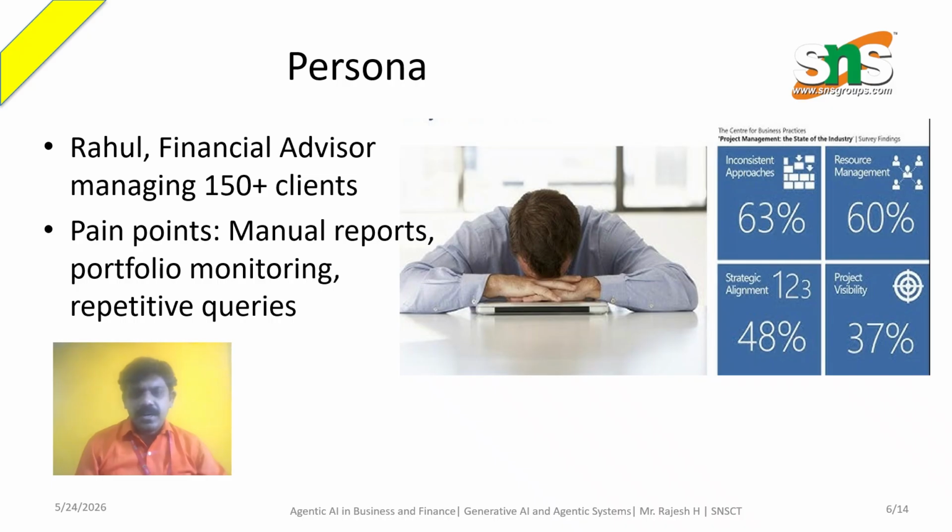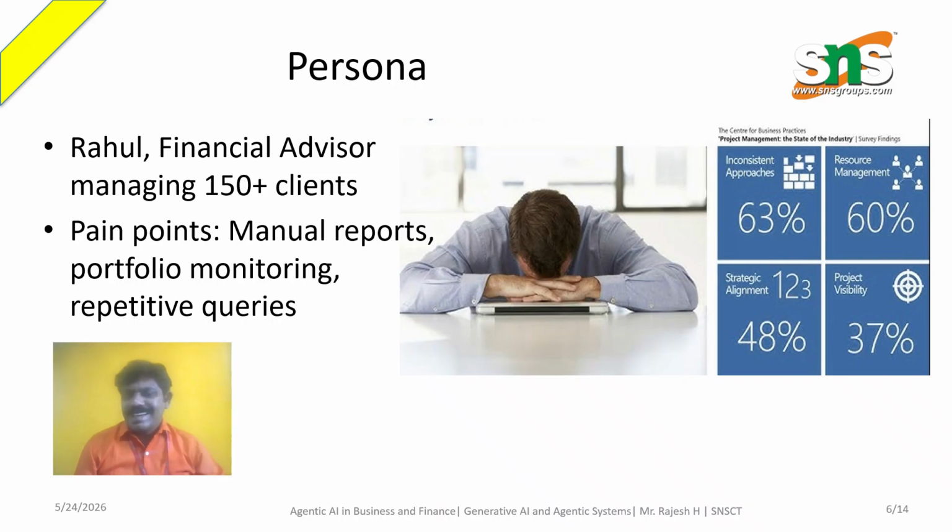Then let's take the persona of a particular employee, Rahul. He's a financial advisor managing 150 clients, and he is facing trouble. The pain points we identified from him: he's creating too many manual reports, he's completely drained and overloaded with portfolio process monitoring, and he always faces repetitive queries, which brings his energy down.